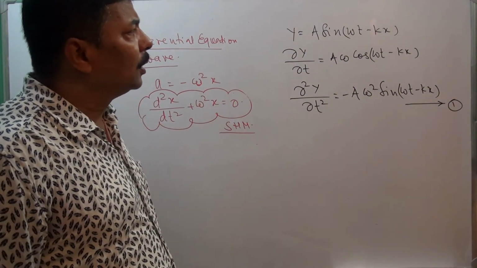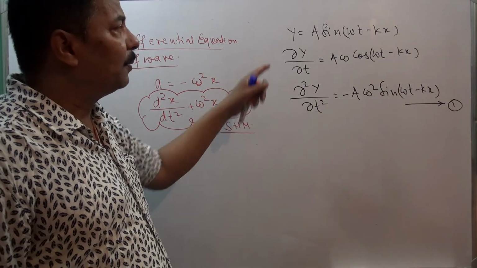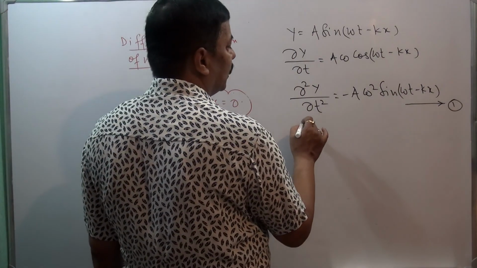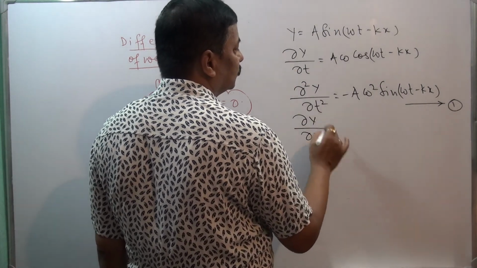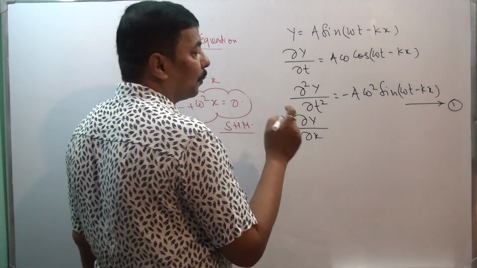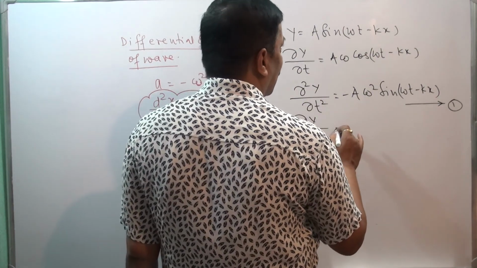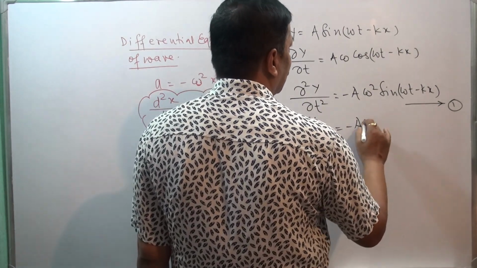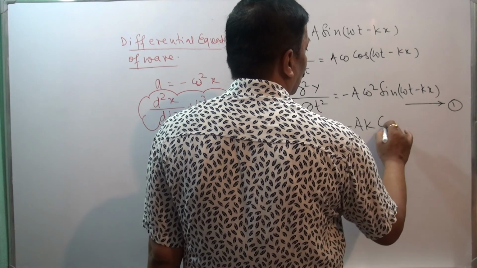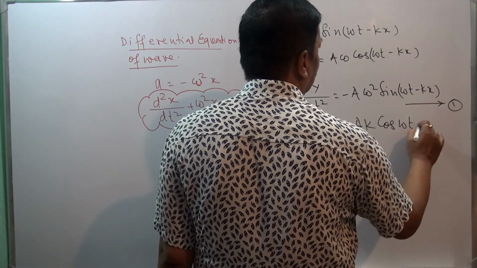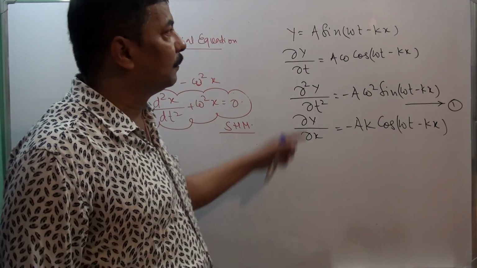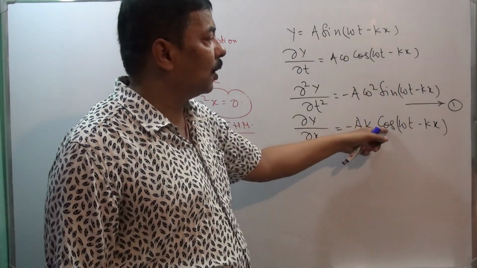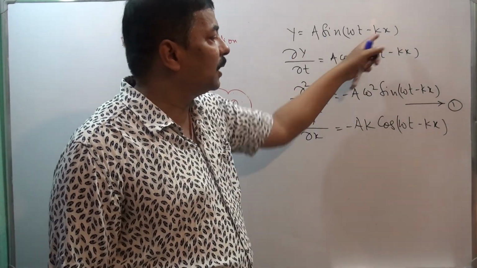If we want to find delta y by delta x, this is not acceleration but slope. Delta y by delta x is minus a k cos of omega t minus kx, since the derivative of minus kx is minus k.